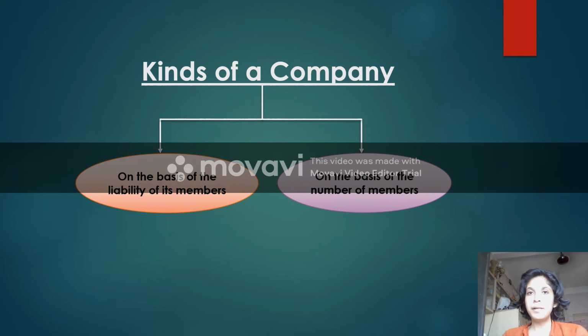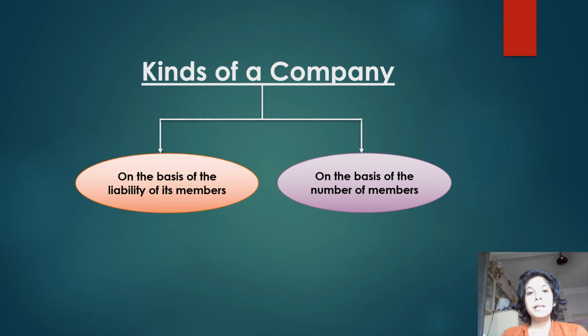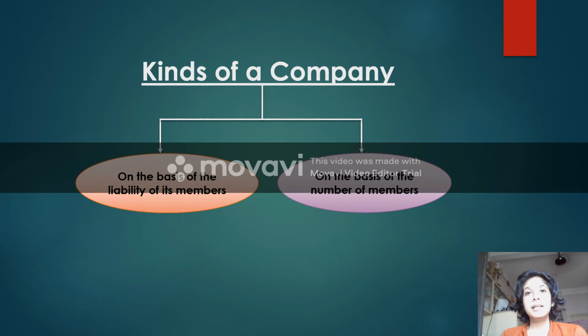Both have separate legal entities. And also, generally, joint stock companies are limited by shares, and there is limited liability for each and every member of the company. But still, on the basis of liability of members, we can segregate the different types of companies. We have to learn about that in the next slide.